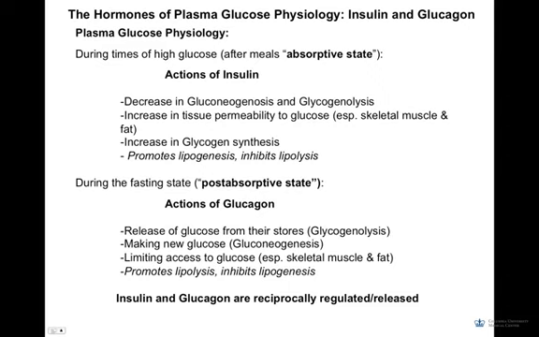When glucose levels drop, glucagon is stimulated. And when insulin is released, that is a strong inhibitory signal for glucagon secretion. And when insulin levels drop, that in and of itself is a very strong stimulation for glucagon release. So a very, very important relationship to keep in mind.